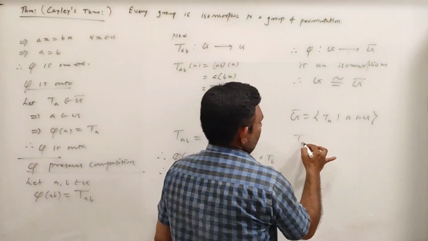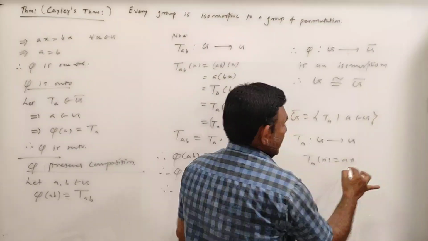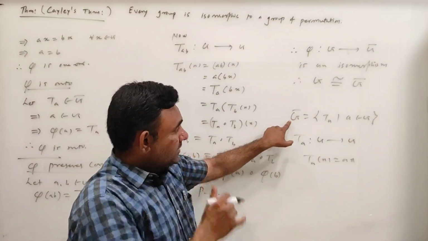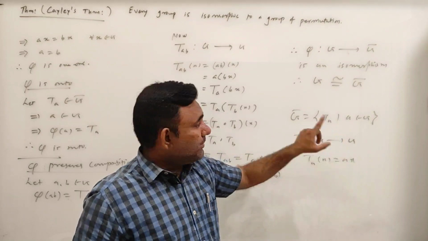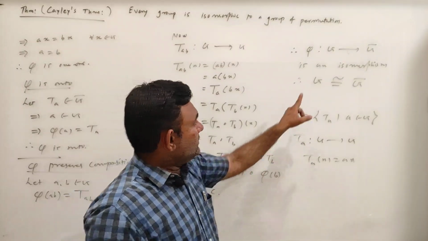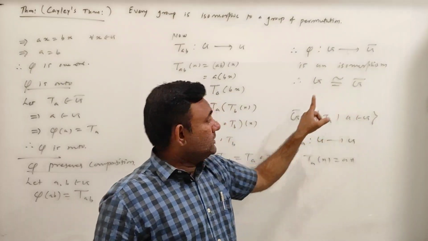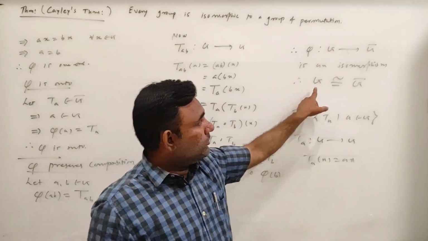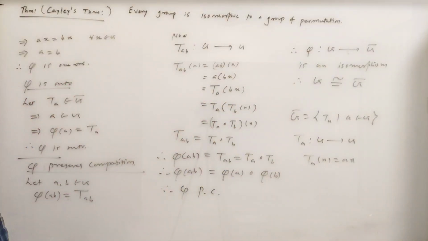And what is T_A? It is a mapping from G to G defined as T_A at X is equal to AX. So G bar is a set of functions, and these functions are one-one and onto, so they are permutations. So G bar is a group of permutations, and G is any group, and it is isomorphic to G bar. So every group is isomorphic to a group of permutations. So this is Cayley's theorem.